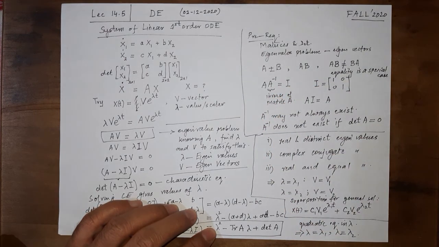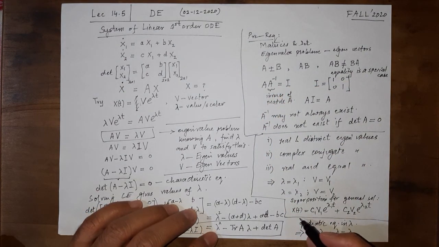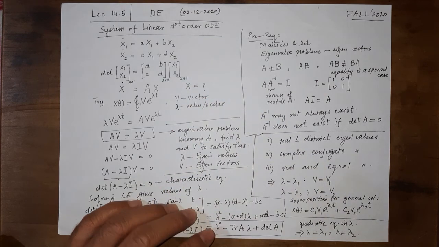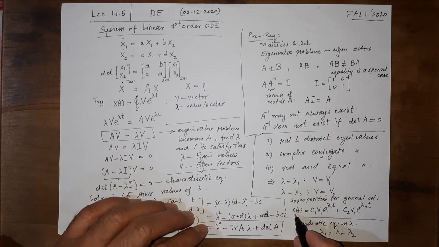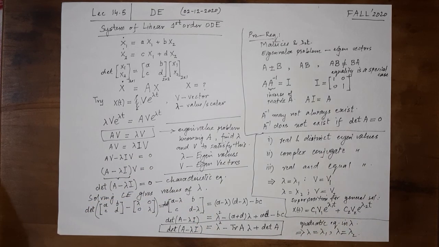This can be written as x1 and x2 separately. When we write for x1, we are going to take the top element of v1 and the top element of v2, and when we write for x2, we are going to take the bottom element of v1 and the bottom element of v2. So we are going to get two equations.